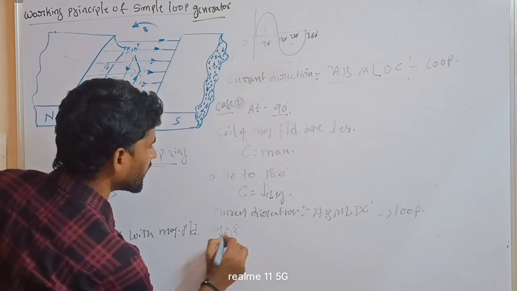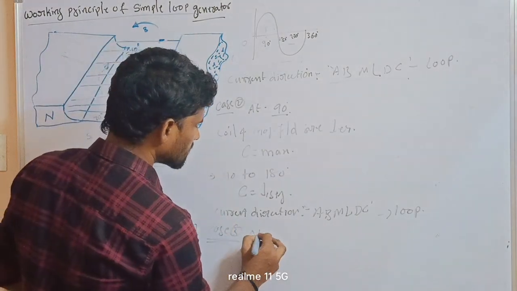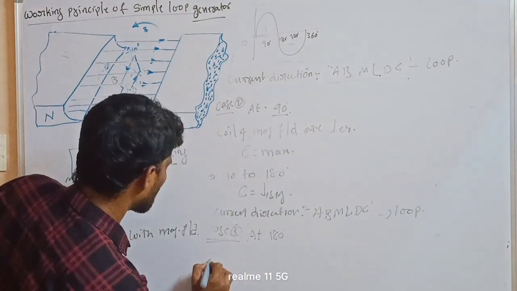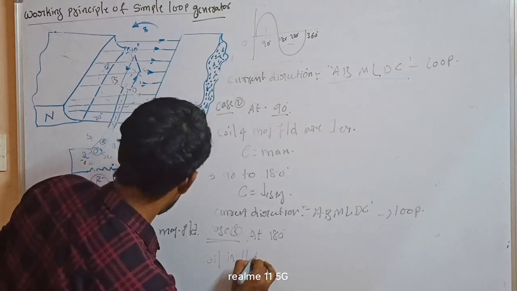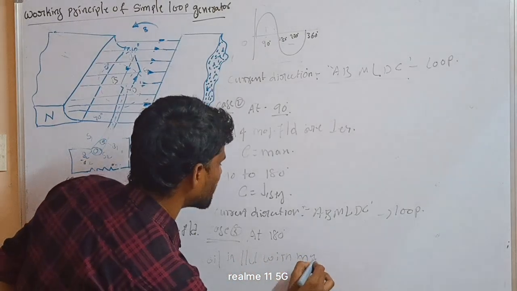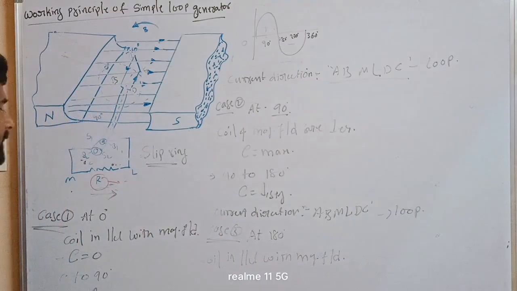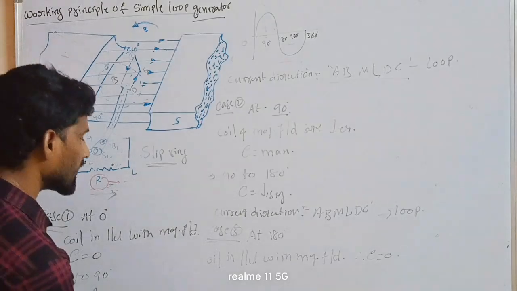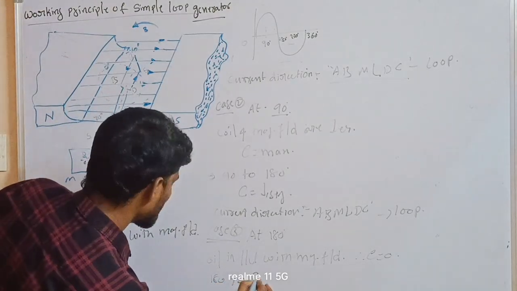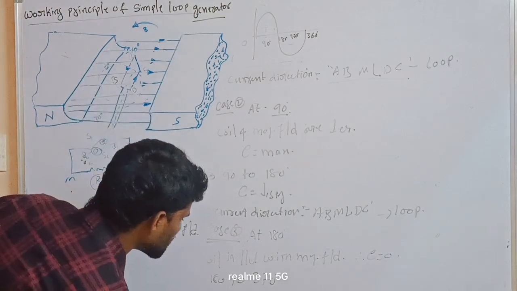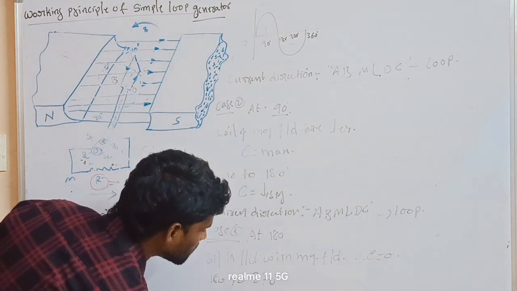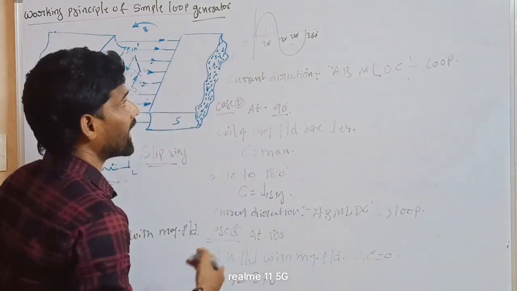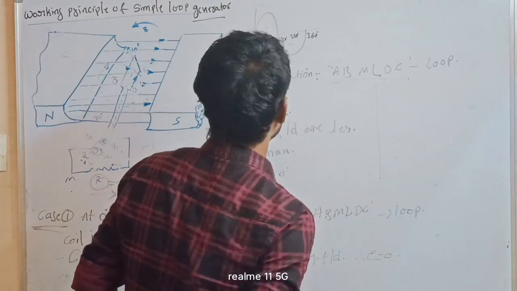Now case 3, at 180 degrees. Again it is a parallel condition: the coil is parallel with the magnetic field, so the induced EMF is 0. From 180 to 270 degrees, the induced EMF is increasing in the negative direction.